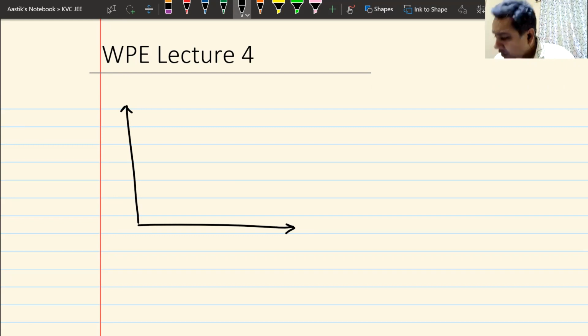So on the x-axis, the displacement or position would be plotted, and on the y-axis, the force would be plotted. Now, this holds good as long as you have a one-dimensional force. So you can very easily find out the work done by a one-dimensional force using the area under the graph.